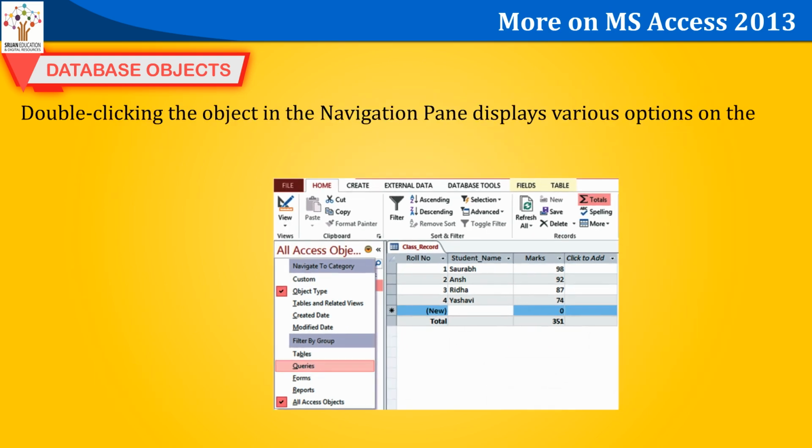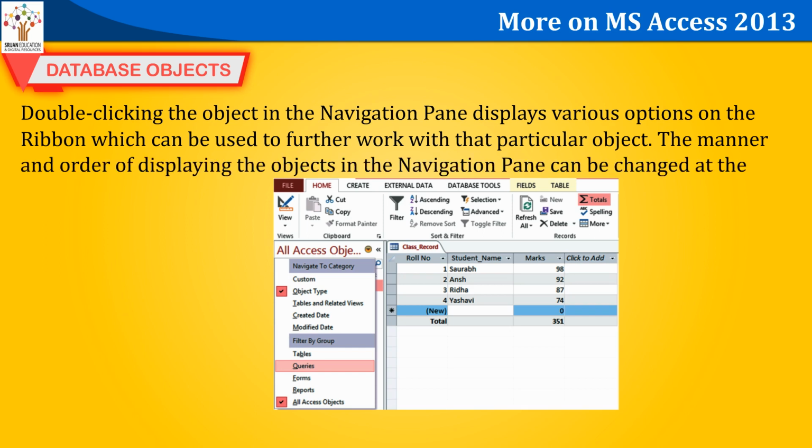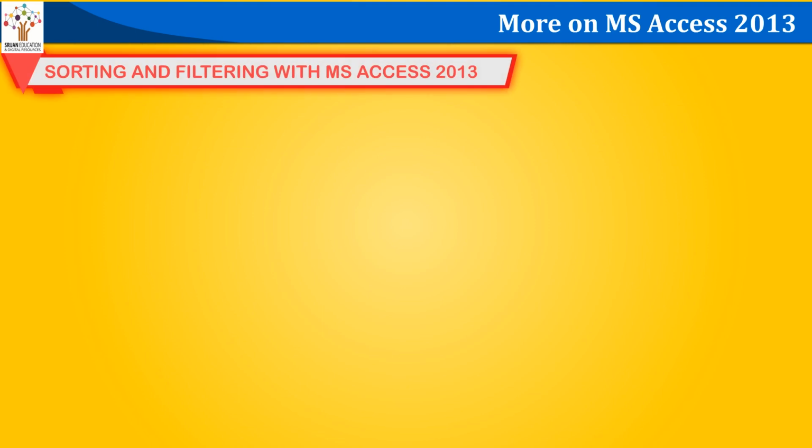Double-clicking the object in the navigation pane displays various options on the ribbon which can be used to further work with that particular object. The manner and order of displaying the objects in the navigation pane can be changed at the user's discretion.